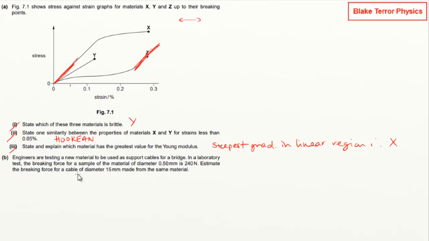Now engineers are testing a new material to be used as support cables for a bridge. In a lab test, the breaking force for a sample of material of diameter 0.5 millimeter is 240 newtons. Estimate the breaking force for a cable of diameter 15 meters. Right, so the breaking stress is going to be the same for the same material, at least stretched in the same way.